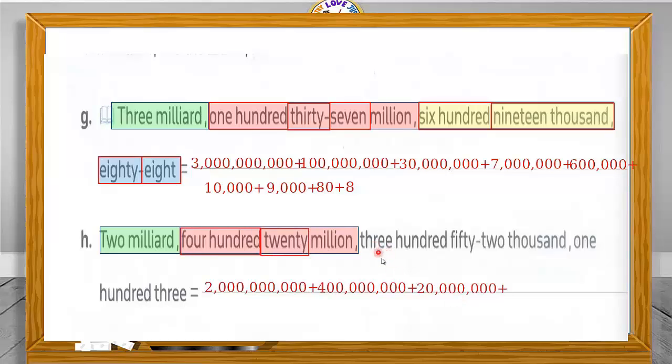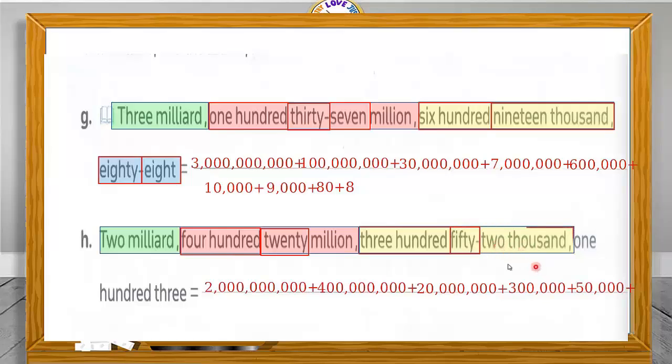And next period, 352,000. First part in the third period, 300,000 means 5 zeros like this, and 50,000. Last part in this period, 2,000.